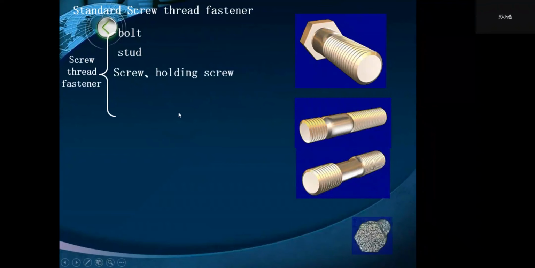And this is the screw. A screw is a headed threaded fastener. It differs from a bolt in that its threaded portion is screwed into one of the fastened parts without a nut, as shown in figure 3.3d on page 64.